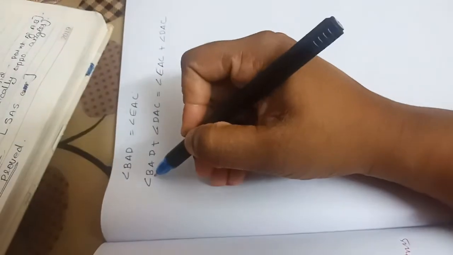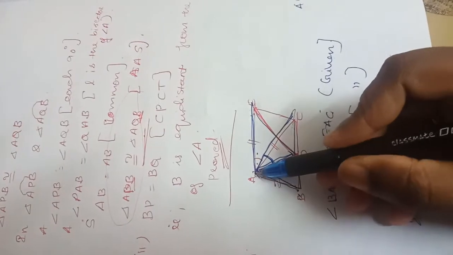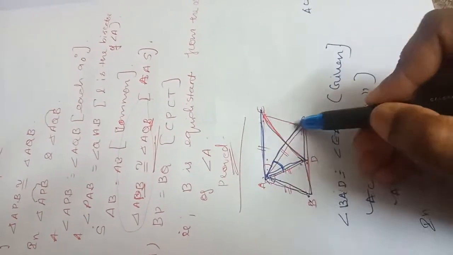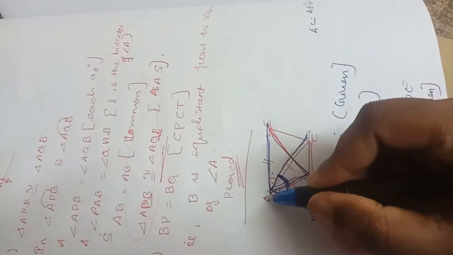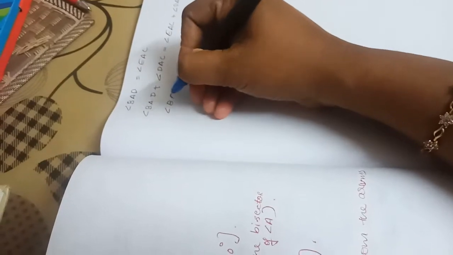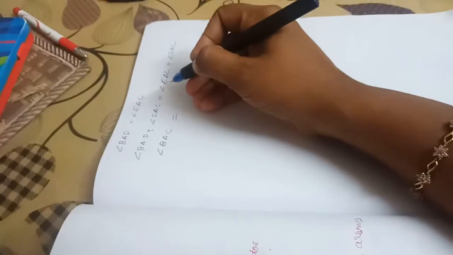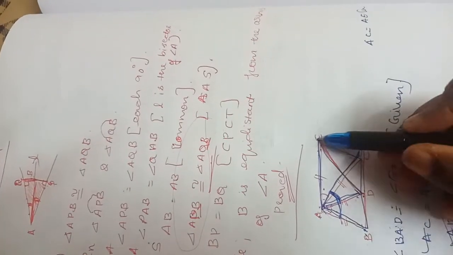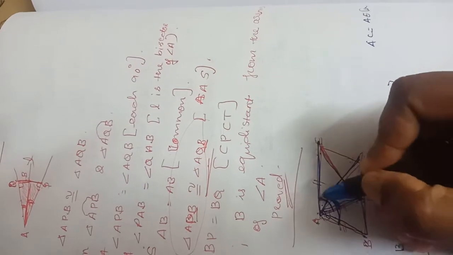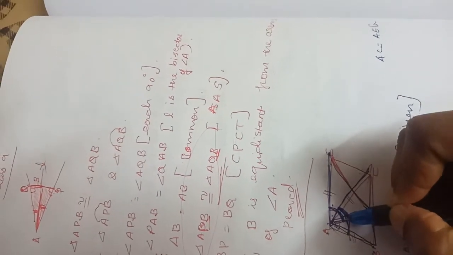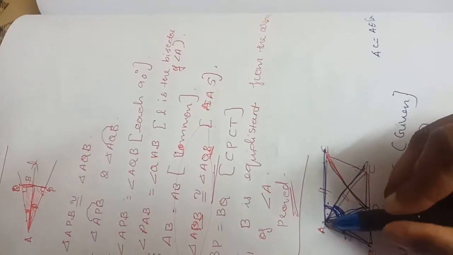Angle BAD plus DAC, from the figure, makes this whole angle, correct? So we can write angle BAC is equal to angle EAC plus DAC. Angle EAC plus DAC gives this whole angle, so you can write it as angle DAE.